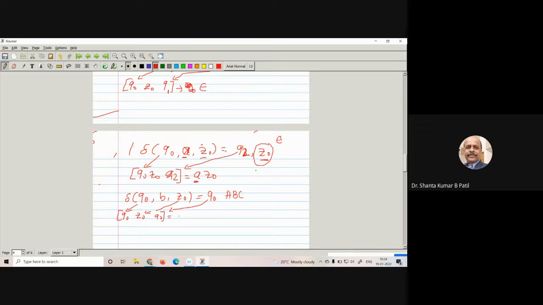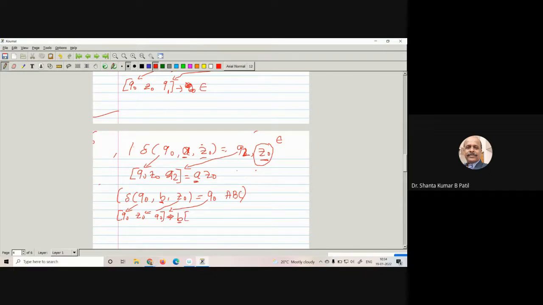This is equal to the terminal, which is a b. In the transition function, you can find the terminal is a b. Hence, on the right hand side of the production, the terminal should be there in the Greibach normal form.